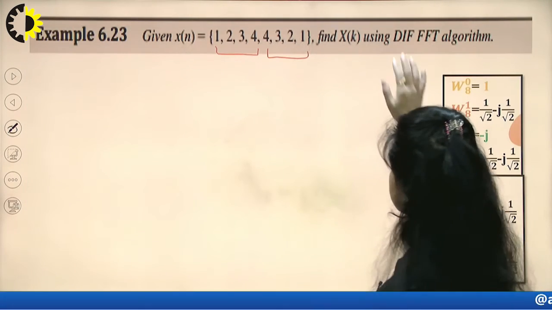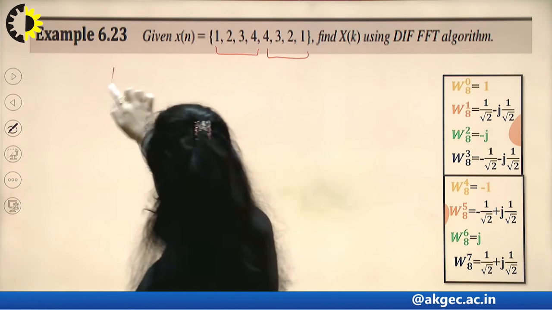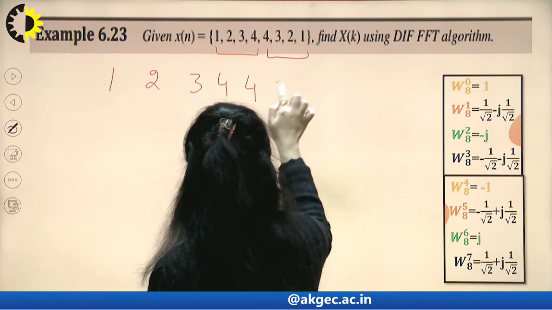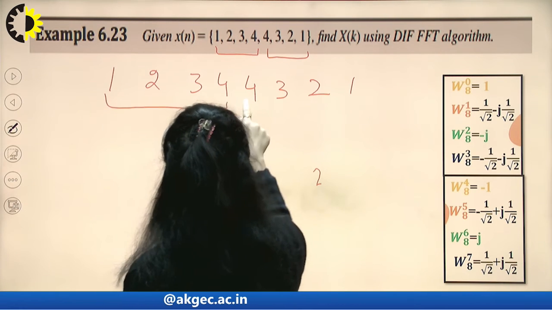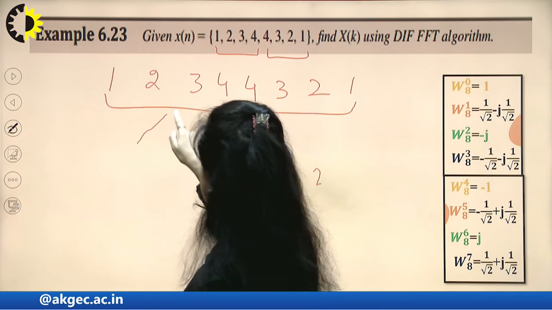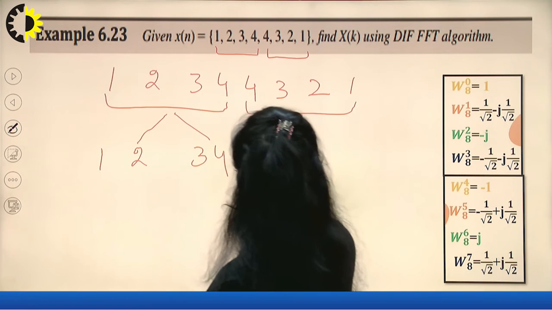So looking at this example, I have to divide this particular sequence 1, 2, 3, 4 and 4, 3, 2, 1 into first half and second half. That is the first stage of decimation. Again, this can be divided into first half and second half.